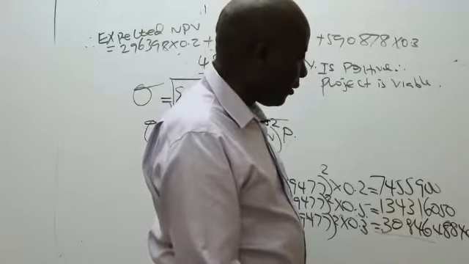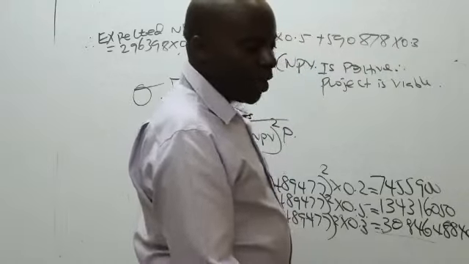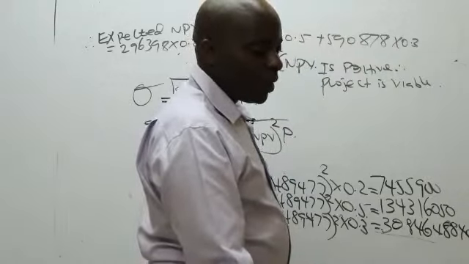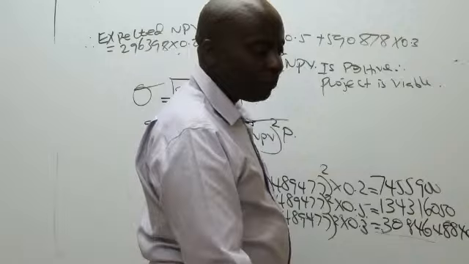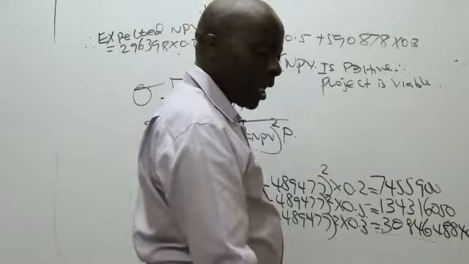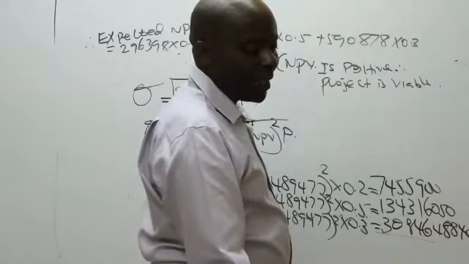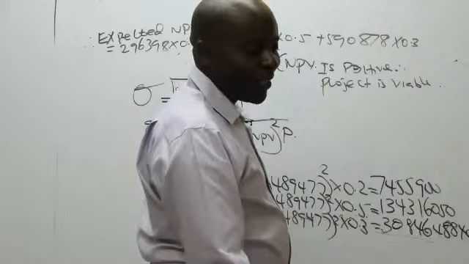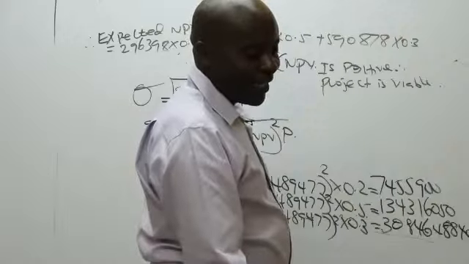Now, there's a gentleman, listen to me very well. There's a student here called John Kamau, who is asking, Mwalimu, a good question here, and I would want you to help me answer this question.